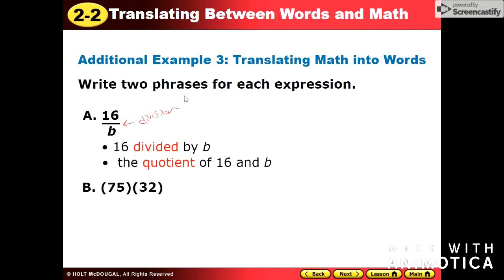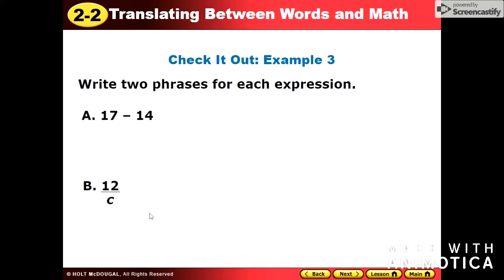Okay. And for letter B, remember when you have two numbers smushed next to each other like that, in parentheses, that's implying multiplication. Okay, so you could say 75 times 32, just substituting in the word times. Or you could also say the product of 75 and 32.